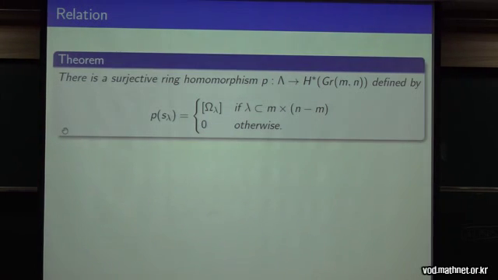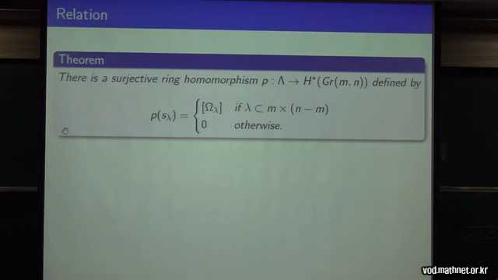Here I'm going to combine the cohomology of the Grassmannian theory and the Schur functions. There is a surjective homomorphism from the ring of symmetric functions to the cohomology that just sends the Schur functions to Schubert classes, as long as lambda is the correct size. Note that this is a ring homomorphism.